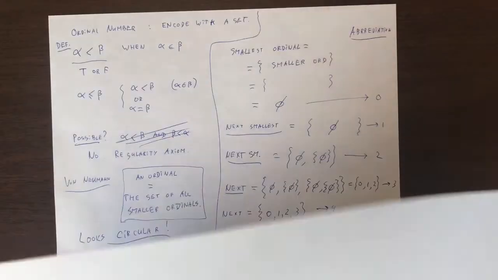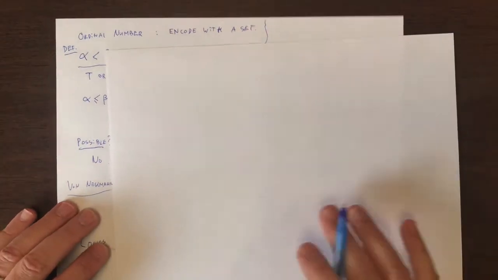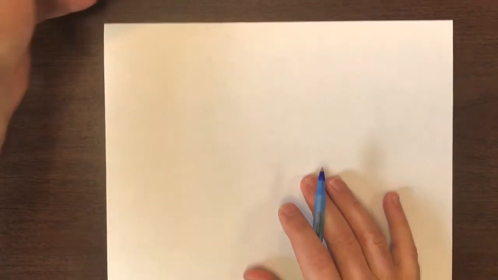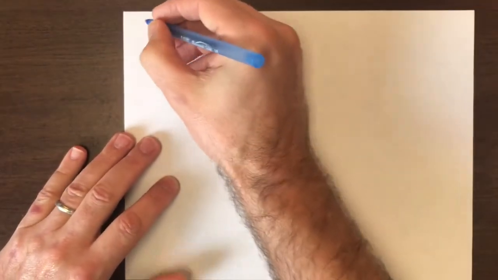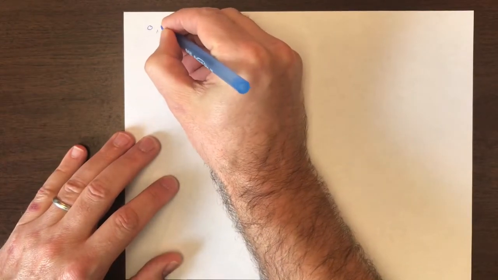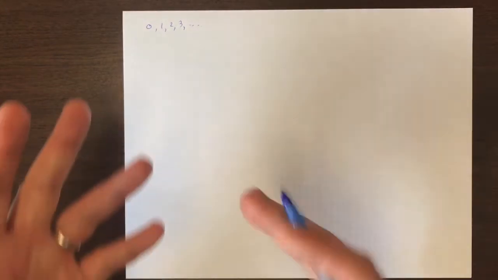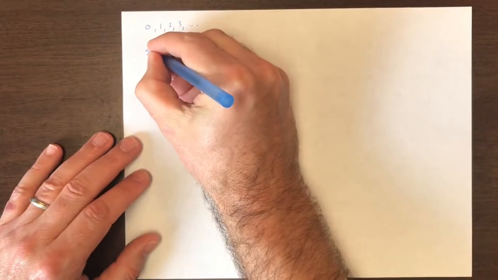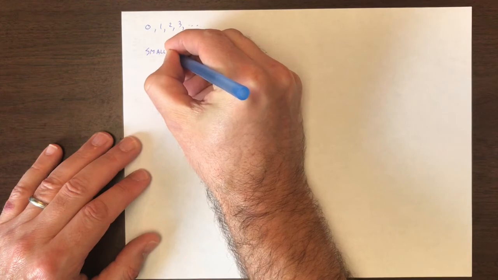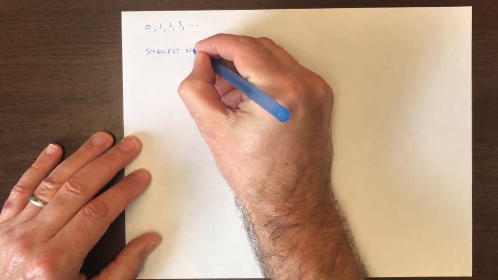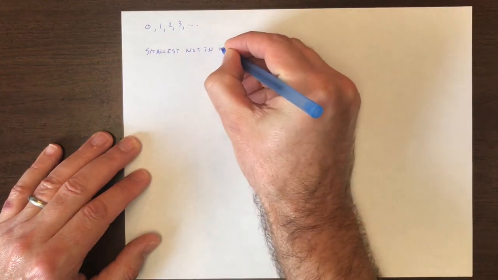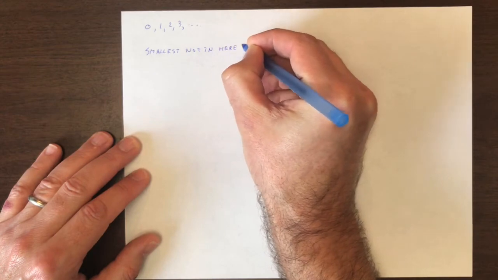So, well, let's have a look. So let's look at all the finite ordinals. So we have ordinal this one, and this one, and this one, and this one, and so on. Okay? So now we have an infinite sequence of ordinals. Now what's the smallest one that is not in here?